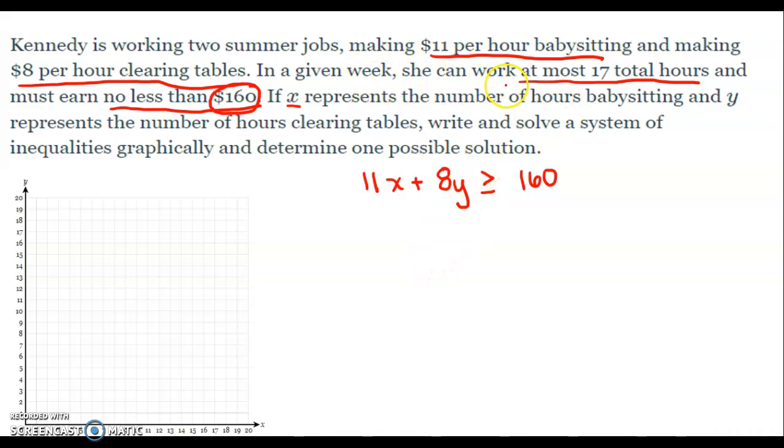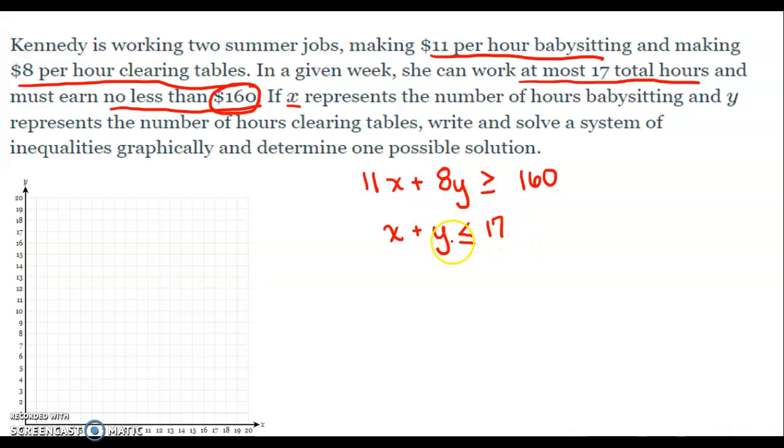Okay, and then she can work at most 17 hours. So this is a quantity thing. So the number of hours that she works babysitting plus clearing tables has to be at most 17 hours. So at most means less than or equal to, okay?